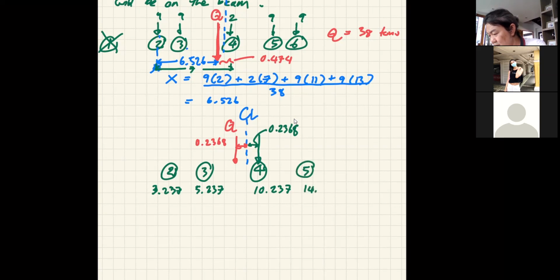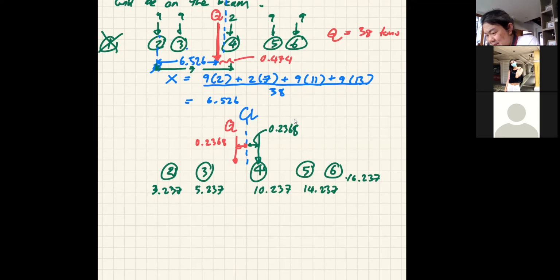So this becomes 14.237. And then load number 6 should be closer, 2 meters away, 16.237.